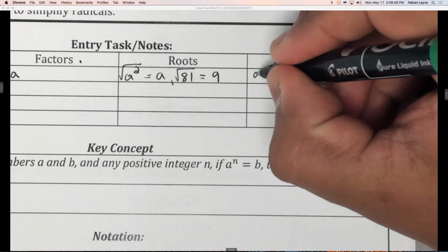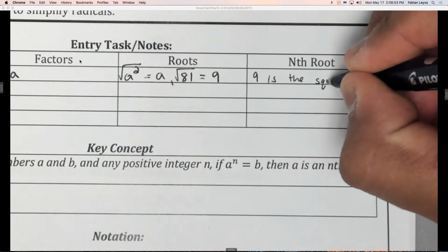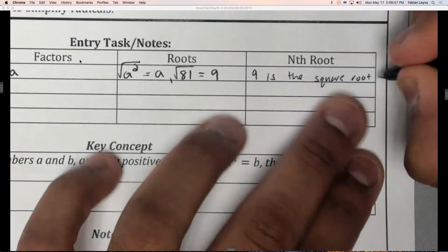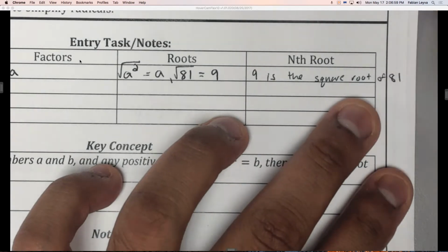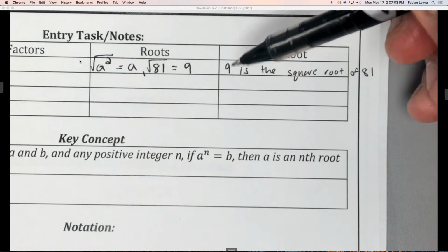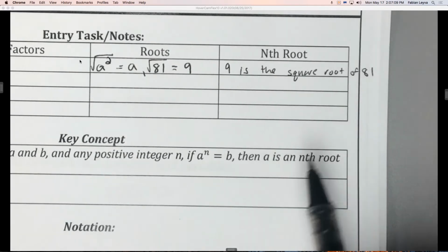The number 9 is the square root of 81, because if you take that 9 and multiply it by itself twice, it equals 81. So again, 9 is the square root of 81.